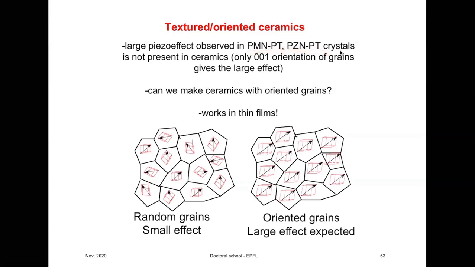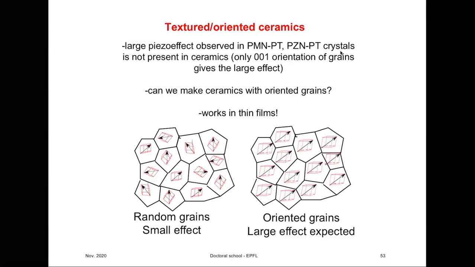PMN-PT and PZN-PT would be very interesting. These are especially on the rhombohedral side, where we have this very large anisotropy in piezoelectric coefficients in crystals. And you remember what I said when we discussed these crystals and morphotropic phase boundary, that in these relaxor ferroelectrics with the rhombohedral symmetry, the largest piezoelectric coefficient is along a non-polar direction. And that's because we have this large effect of polarization rotation.